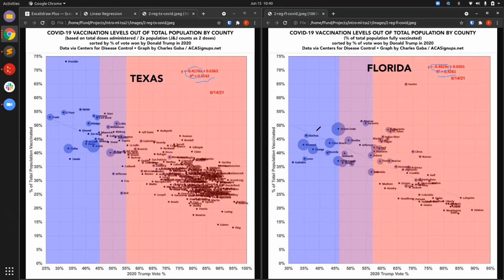So that essentially tells us the slope is steeper in Florida, but the points are closer to the line in Texas. Does that make sense? Okay. So R squared tells us how close the points are to the line, meaning how much of the variance is explained by the model, which is the line. And the weight parameter tells us the slope of the line. So how big is the effect?